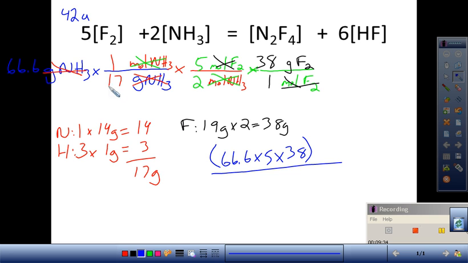And on the bottom I have 17 times 2. If you're going to put all that in your calculator, make sure you use parentheses on the top and the bottom to separate those. If you don't use parentheses on the bottom, you're likely to get an incorrect answer.